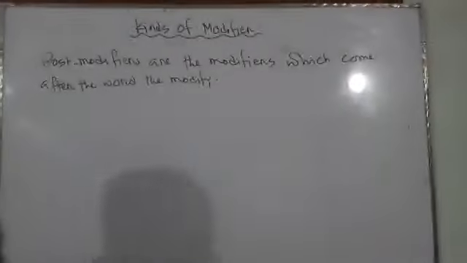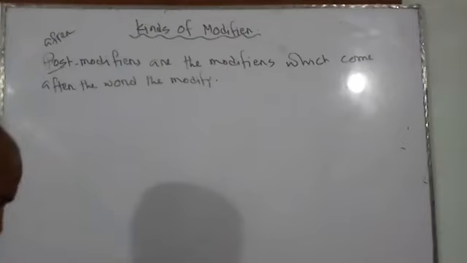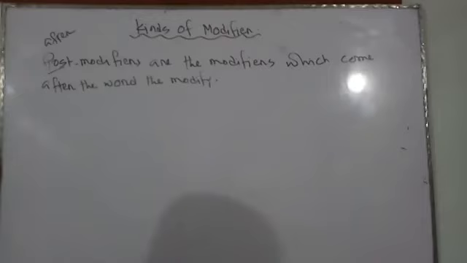Post modifiers are the modifiers which come after the word they modify. Post means after. This word post means after. After the word, post modifier. So now, customarily adverb. Whenever we are going to use the post modifier, we usually use adverb as post modifier.